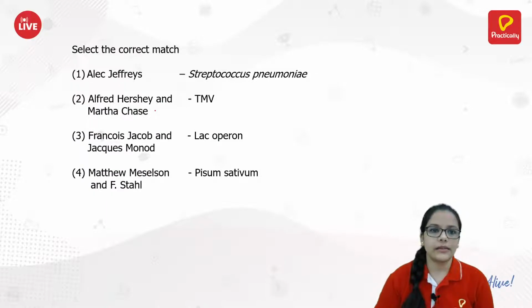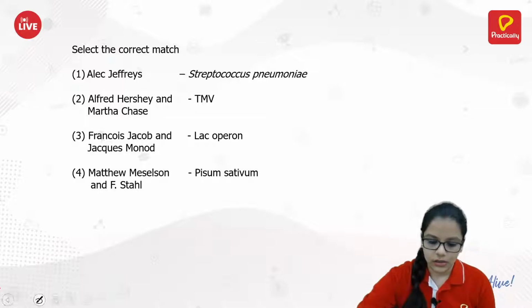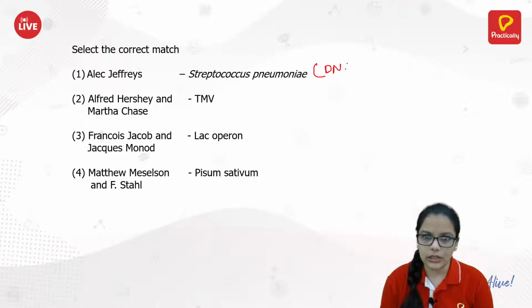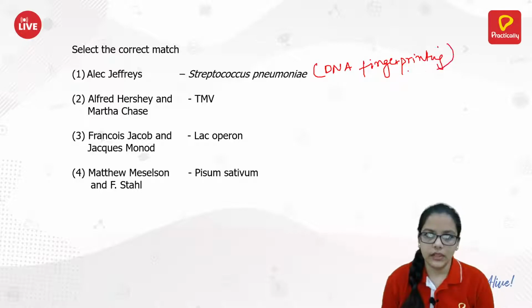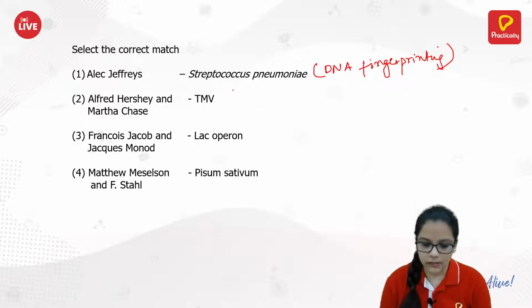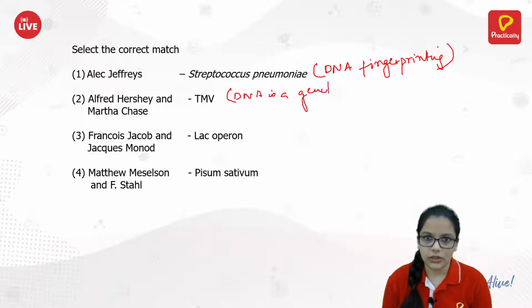Okay, select the correct match. Alec Jeffreys, Streptococcus pneumonia. Not really. Alec Jeffreys was in DNA fingerprinting. Alfred Hershey and Martha Chase actually found out that DNA is a genetic material.